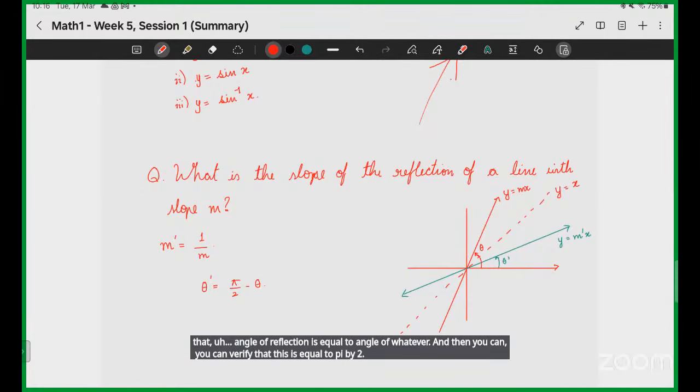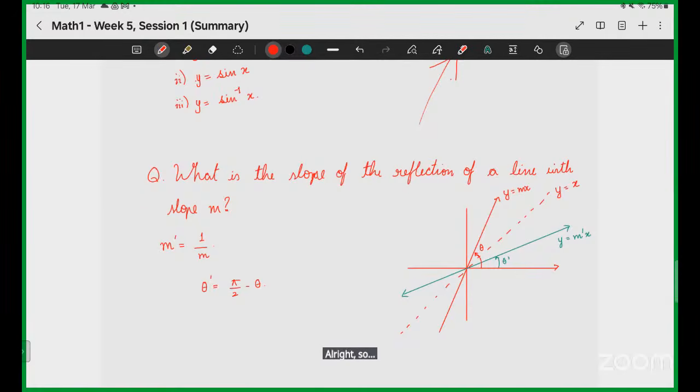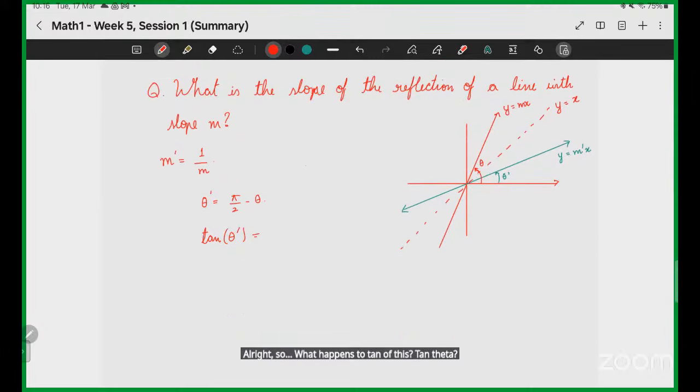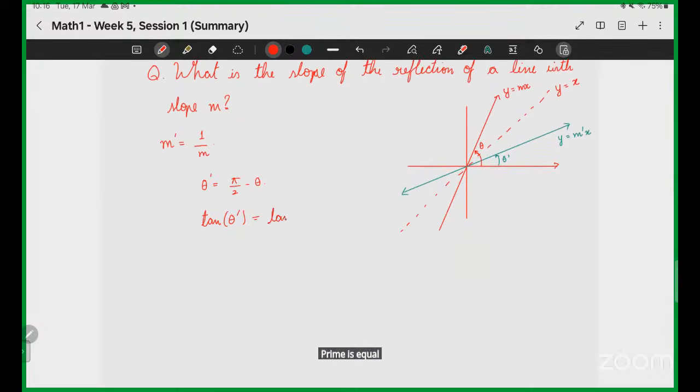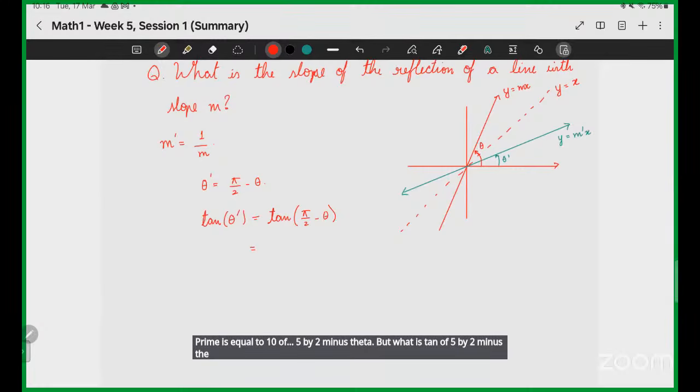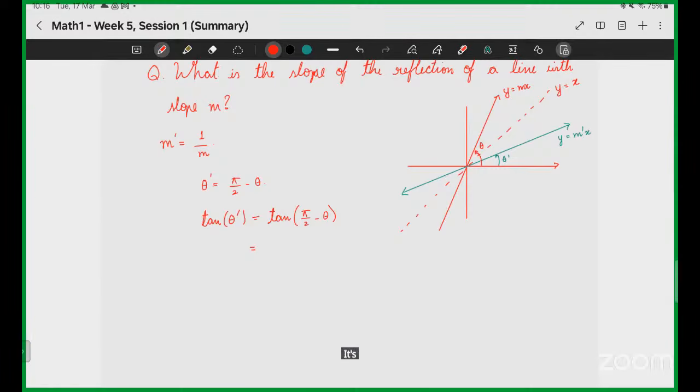All right. So what happens to tan of this? Tan theta prime is equal to tan of pi by 2 minus theta. But what is tan of pi by 2 minus theta? It's cot theta, right?